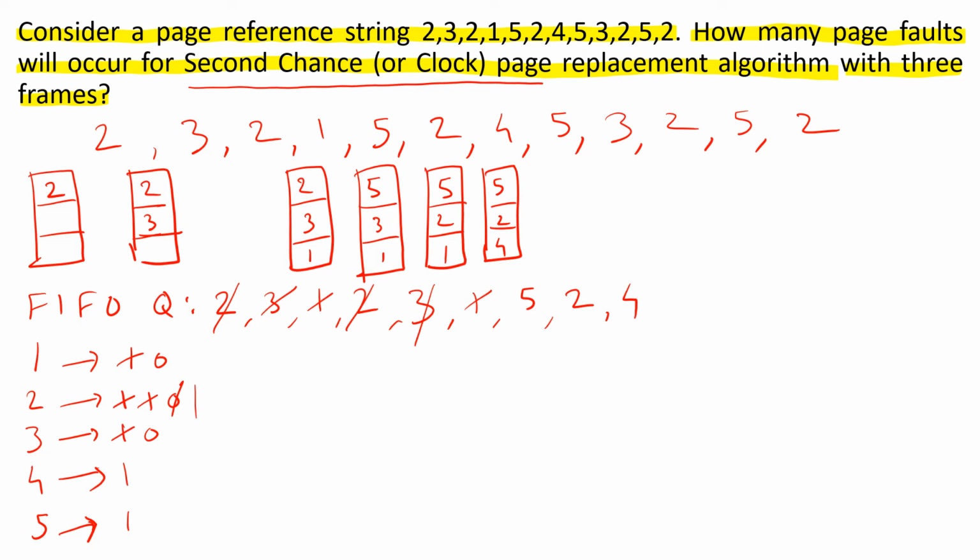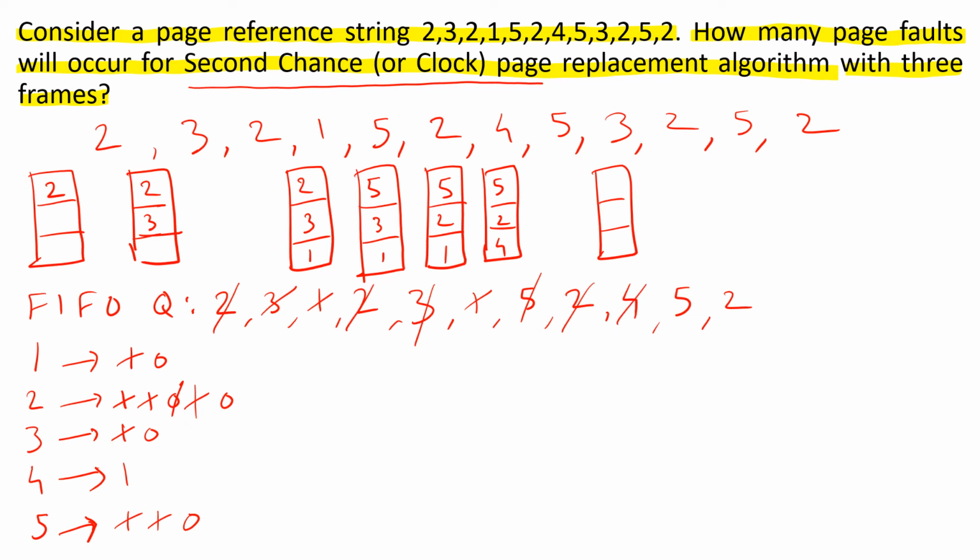Then we need 5, which is already there, so we simply use that page. The reference bit becomes 1. Then we need 3, which is not there, so we look at the queue. We remove 5, but the reference bit for 5 is 1, so 5 gets a second chance. When a page gets a second chance, the page is inserted back onto the queue and the reference bit is cleared to 0. Then we take out 2, same story, the reference bit is 1, so we give that page a second chance and the reference bit is cleared to 0.